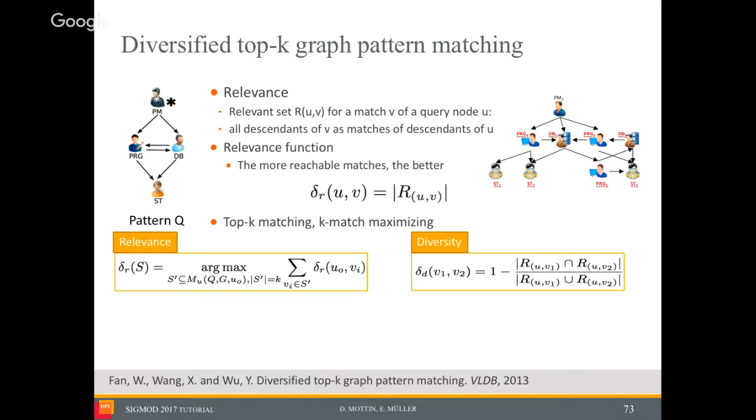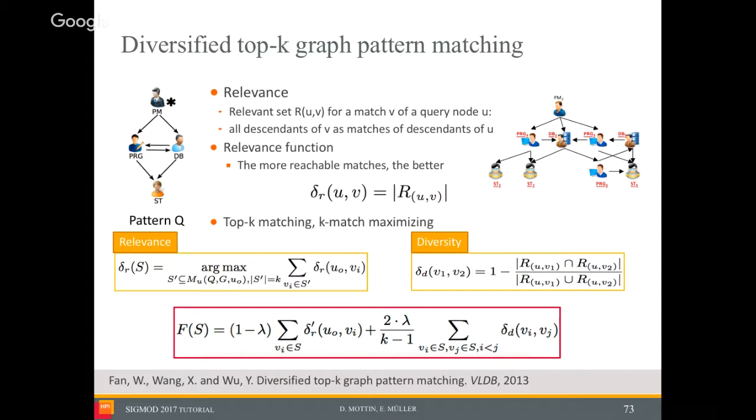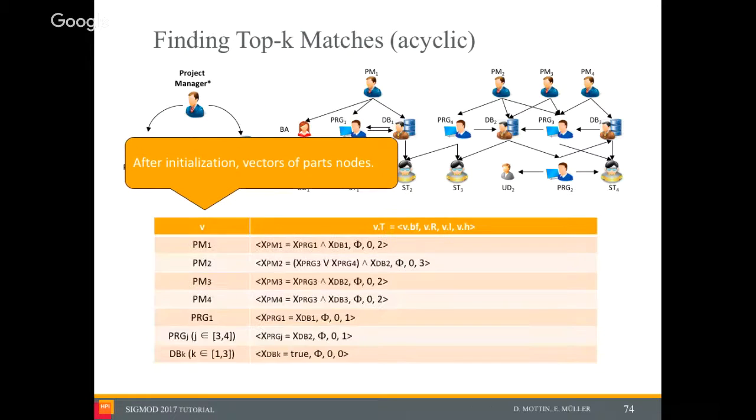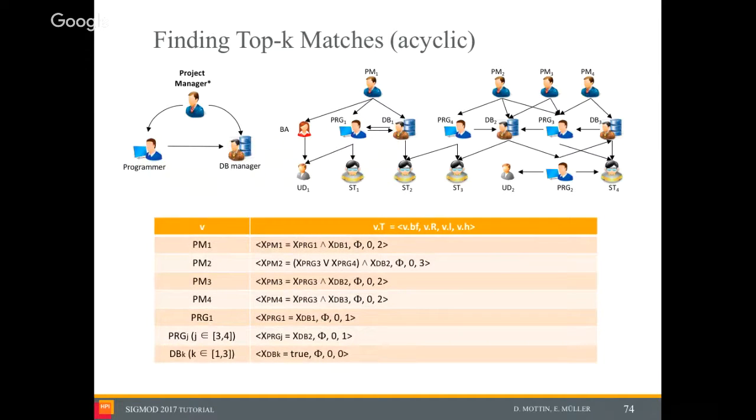So the reachability quantifies how many nodes I can reach from the output node. And the diversity shows, okay, if you return multiple of these project managers, how many common nodes are reached. And they want to maximize both. And this is their objective function. Okay. I will skip this part because we are almost out of time.